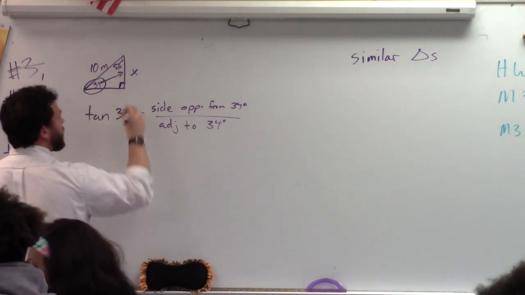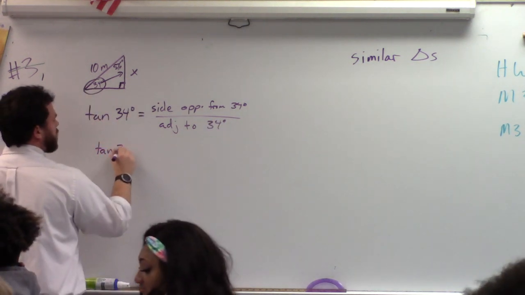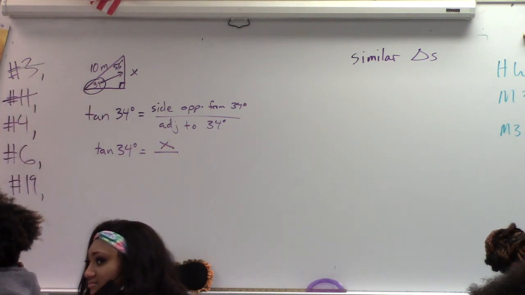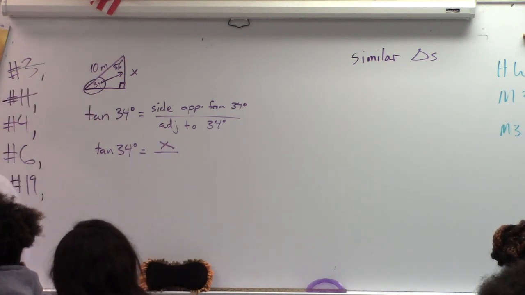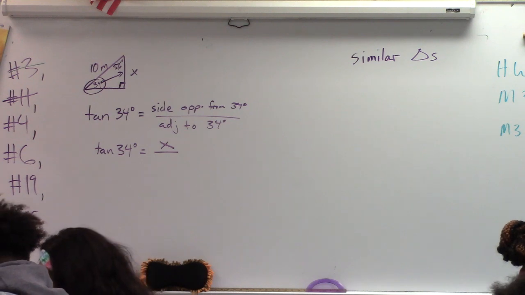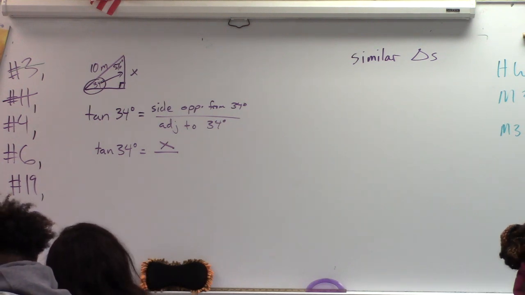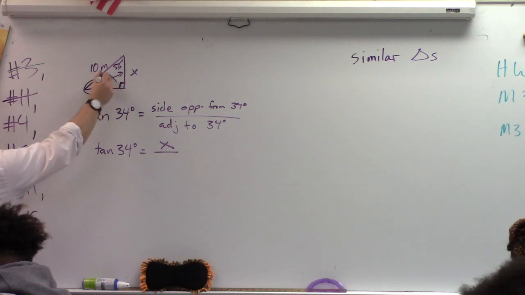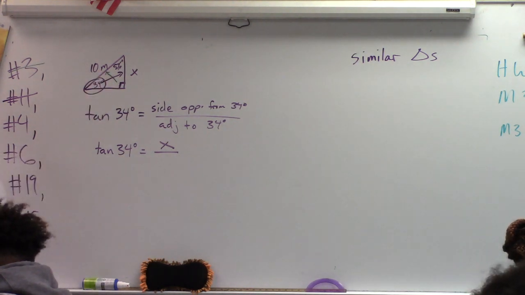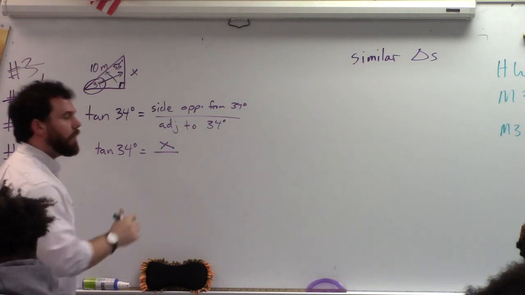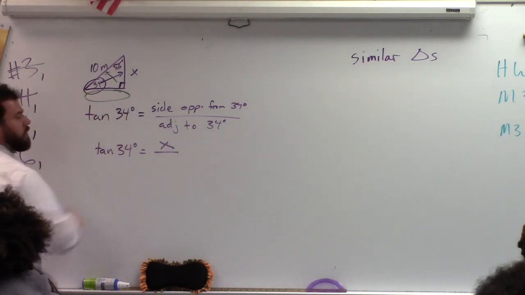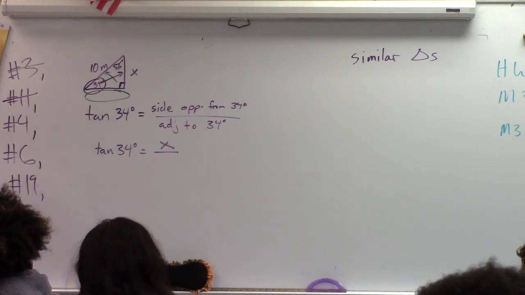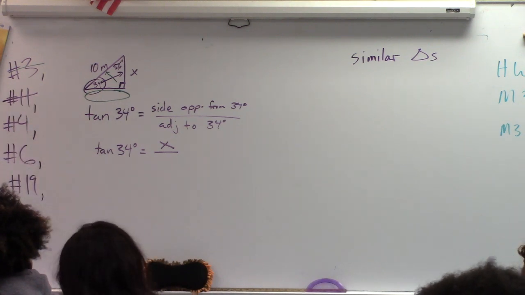Okay, so the side opposite was x. What side is adjacent to 34 degrees? Is it 90? No. The side is not 10. 10 is the hypotenuse, y'all. Do I know what my adjacent side length is? I don't know the adjacent side length. So can I use tangent? No. What can I use?